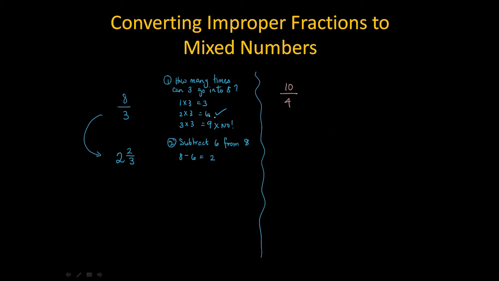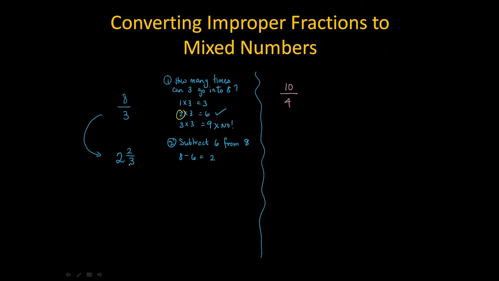You can go into 8 once, you can go into 8 twice, 2 times 3 is 6, right? But can it go into 8 3 times? No, because then you would have more than what the numerator is. So we stay at 2, and then 2 times 3 will be 6, so we subtract 6 from 8 with a remainder of 2, and we have 2 and 2/3.